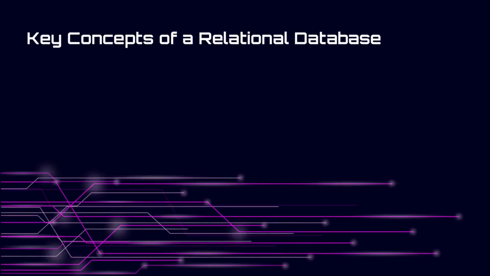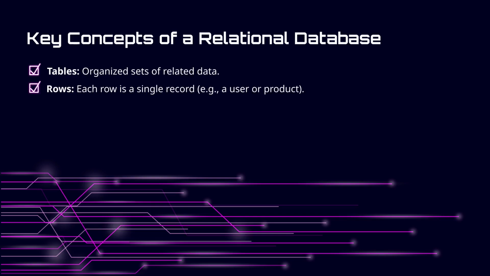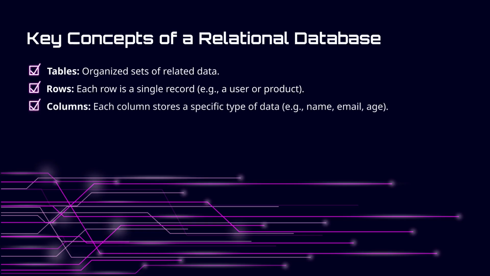So, what exactly is a relational database? A relational database organizes information into tables of related data, which are connected to each other through relationships. Each table is made up of rows and columns. Rows store actual records like a user, an order, or a product. Columns define the type of data, such as a name, email, or price.